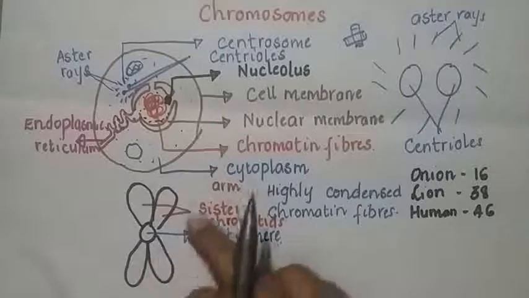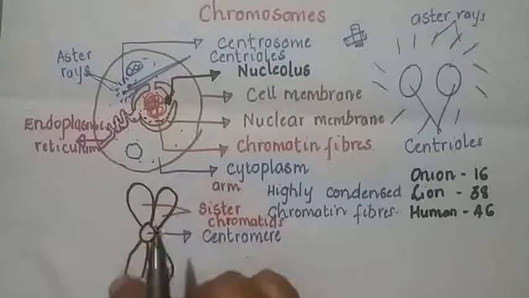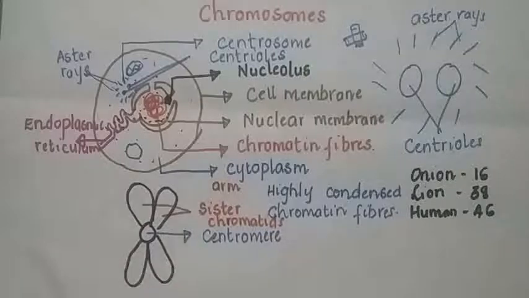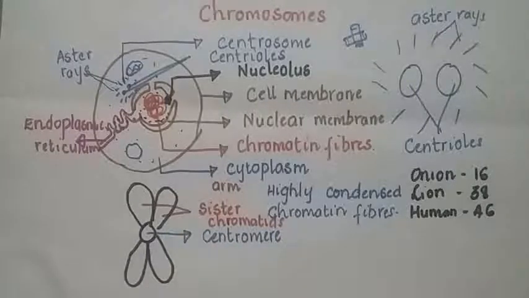So each chromosome comprises 4 chromatids, okay, and chromatids are attached to the centromere at a particular point.